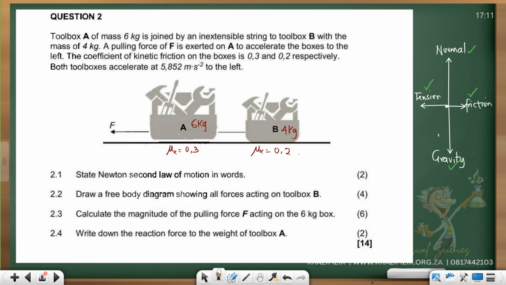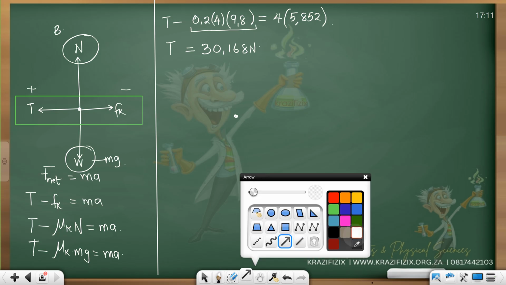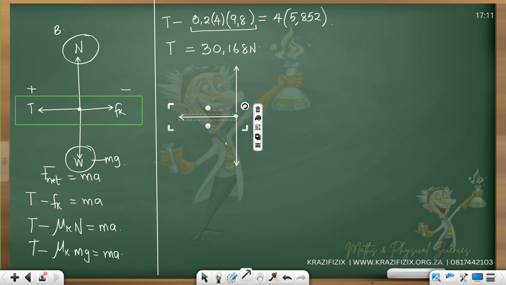But I'm not really interested in looking for tension. I'm looking for force applied. Now go back to object A. Free body of object A would look like this. Normal going up. Similar to B, gravity going down. The force applied is to the left.